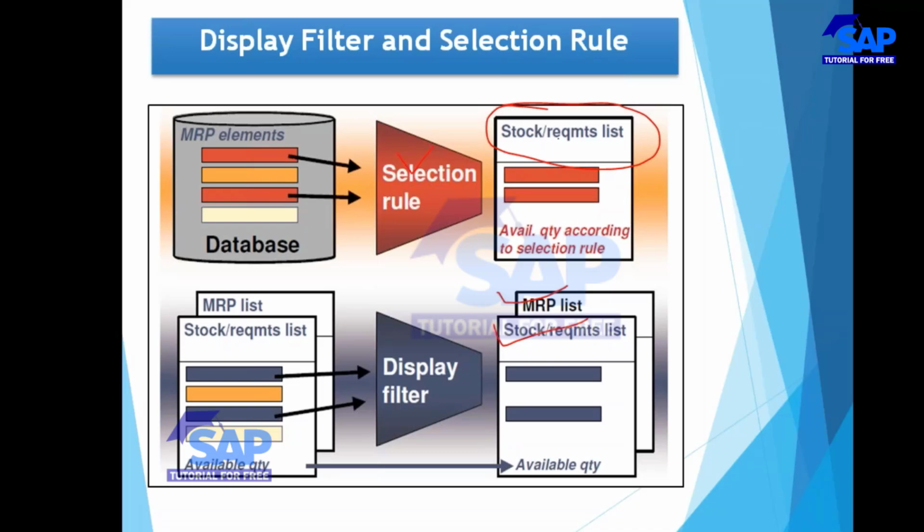No, it can be executed only in the stock requirement list. The major difference is, in the display filter you will not be able to see the available quantity, whereas in selection rule you will be able to see the available quantity according to the selection rule. Basically, display filter and selection rule are a nice-to-have feature.